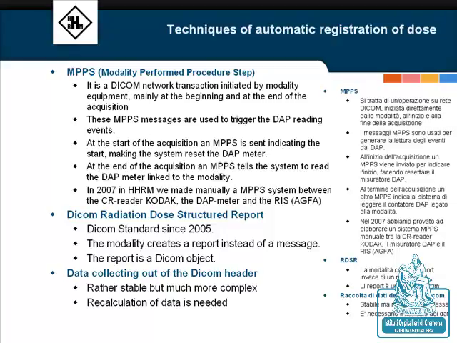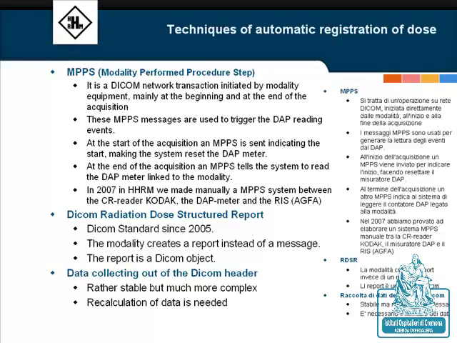What you also can do is collect the data out of the DICOM header. That's much more complex, and a recalculation is needed, and sometimes you lose a little bit of information, especially when you have classical RX and you take, let's say, a knee, and they position with scopy.